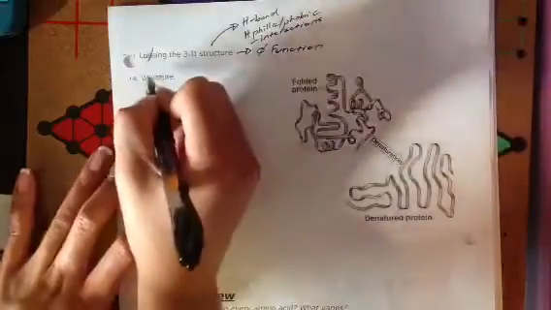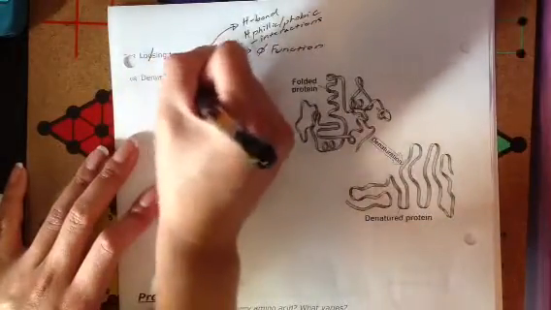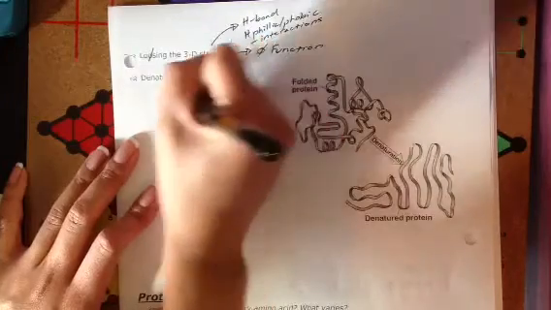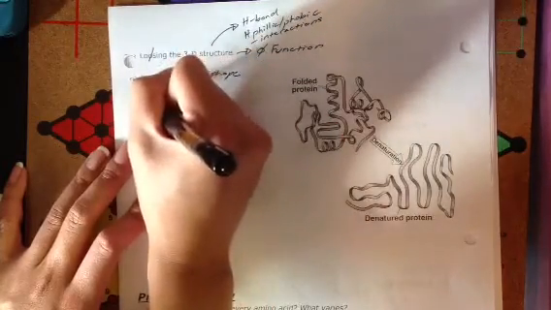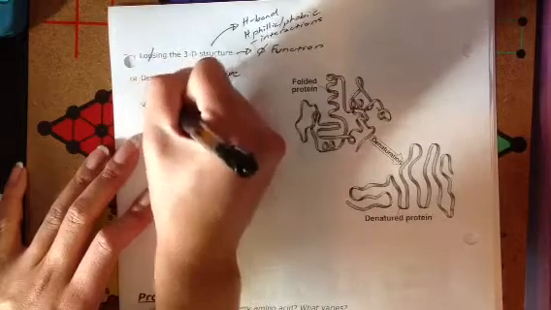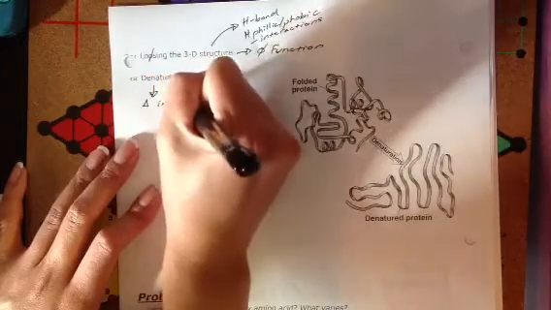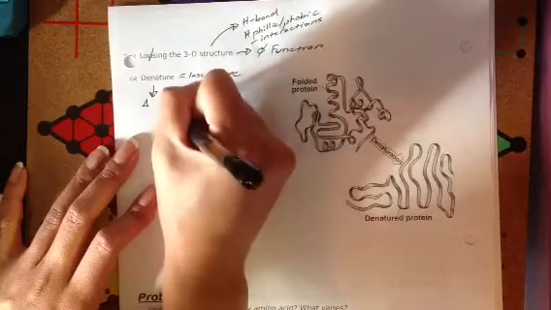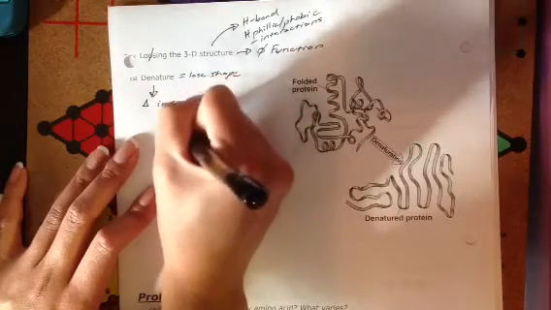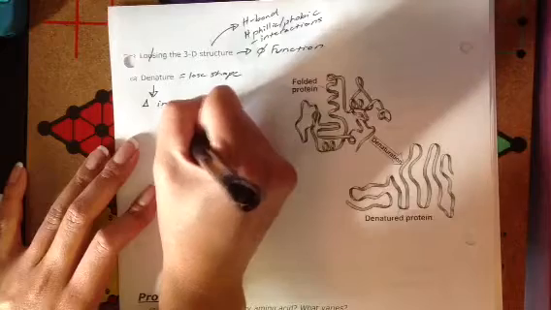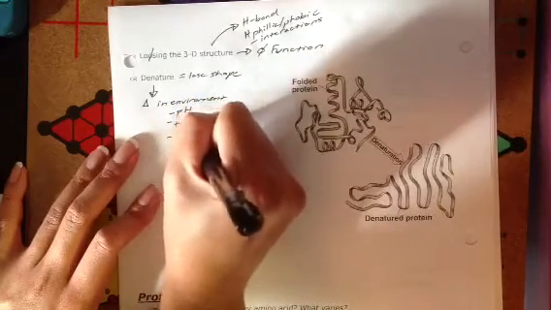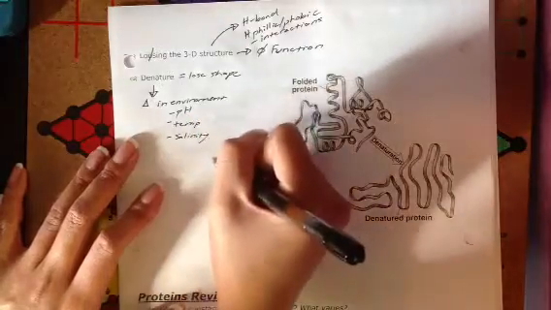Okay? Now you can be denatured or lose your shape because of a change, delta, in the environment, such as pH, the acidity, the temperature, and the salinity of a solution or of an environment.